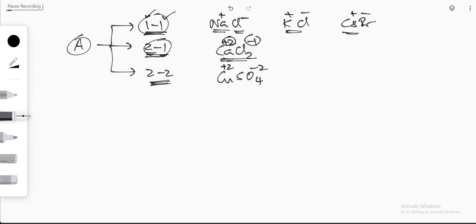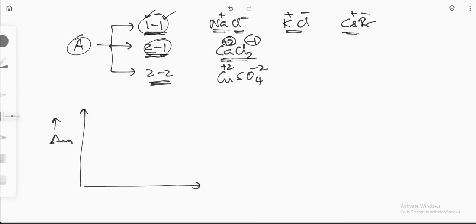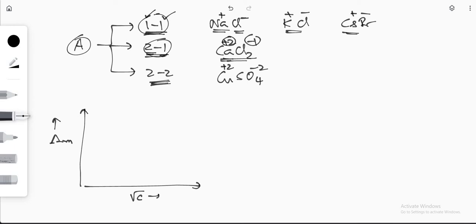What happens if I take a weak electrolyte? If I take a weak electrolyte and dilute it, as discussed before, we plot molar conductivity on the y-axis and square root of concentration on the x-axis. Left to right concentration increases, right to left we are diluting the solution. On dilution, molar conductance will increase, no doubt.